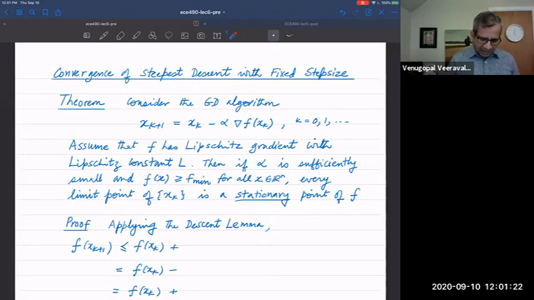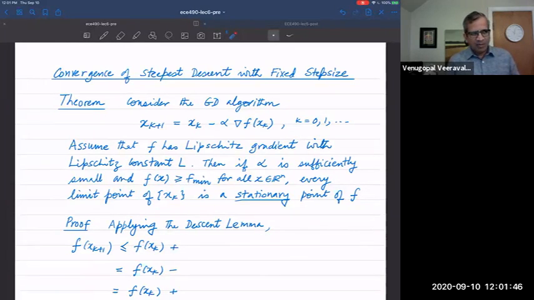Okay, this result says that if f has Lipschitz gradients, and I apply the gradient descent algorithm, again, this is just steepest descent that I'm looking at. By the way, almost all the proofs that I do in class will be for steepest descent. And the book has generalizations of all these proofs for arbitrary descent directions.